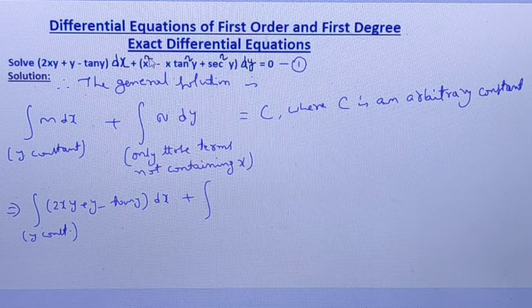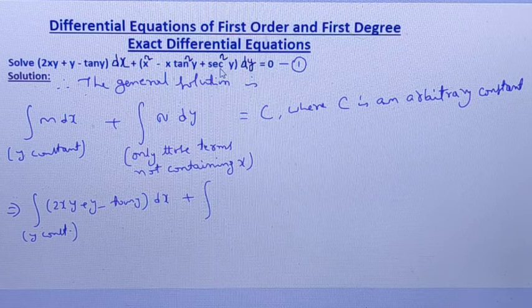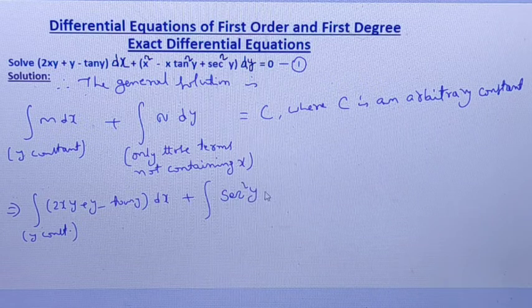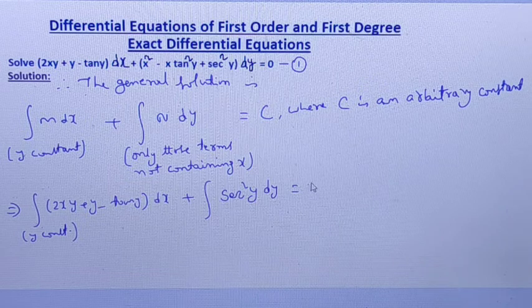The first term x^2 is not independent of x, the second term x tan^2 y is not independent of x, only this third term sec^2 y is independent of x. So we write only sec^2 y dy is equal to c.